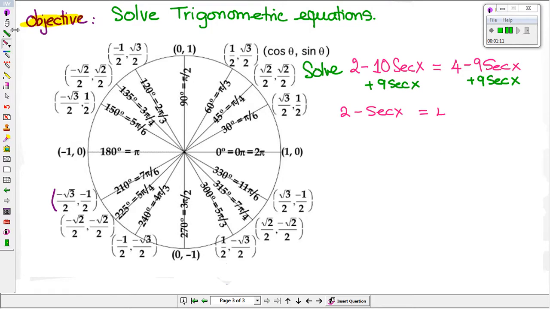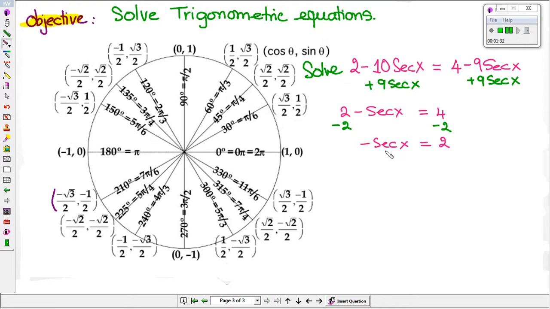Next, we are going to subtract 2 from the left side and from the right side of the equation. We try to isolate secant of x. So now we have negative secant of x equals 2. Now we still have negative 1 times secant of x.